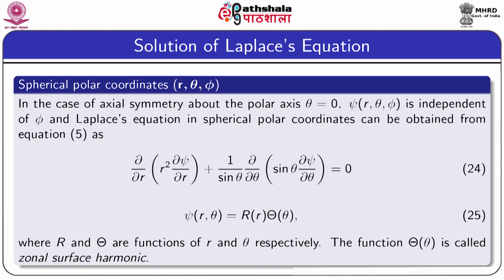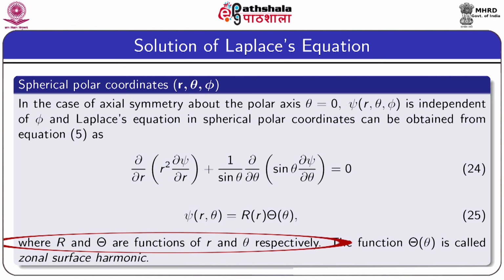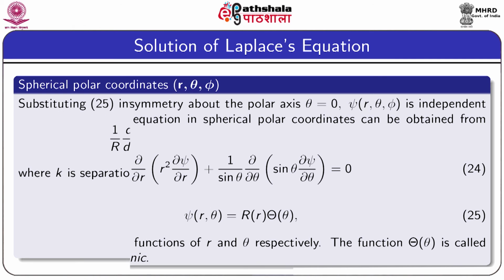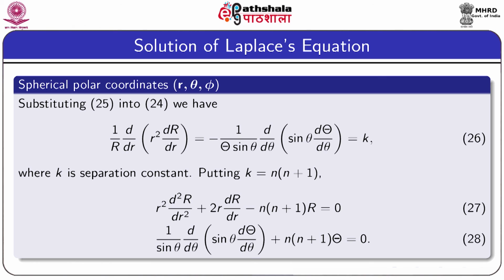Again we are using the method of separation of variables to find the solution of this equation. So, we assume psi as a product of functions R and theta, where R and theta are functions of capital R and small theta respectively, and the function theta is called the zonal surface harmonic. If we substitute 24 into 23, we get the equation.